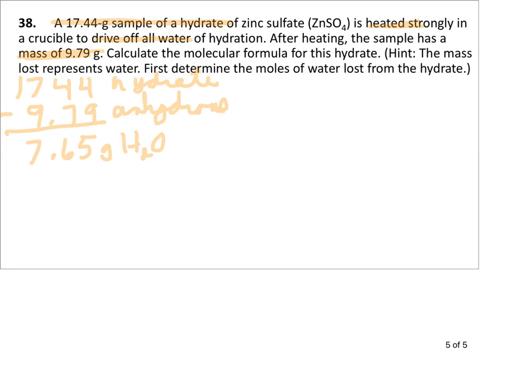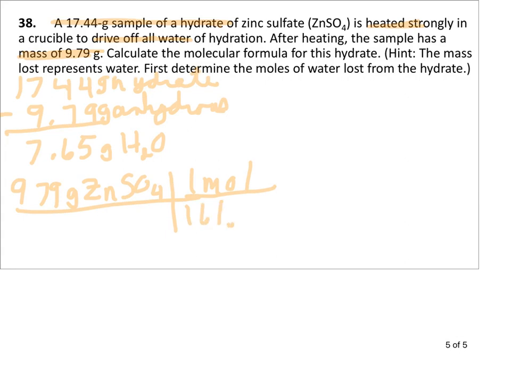And we go through all the same routine. This time we got the grams, and the grams. So we just do 9.79 grams of zinc sulfate. We want to change that into moles. So 1 mole is 161.